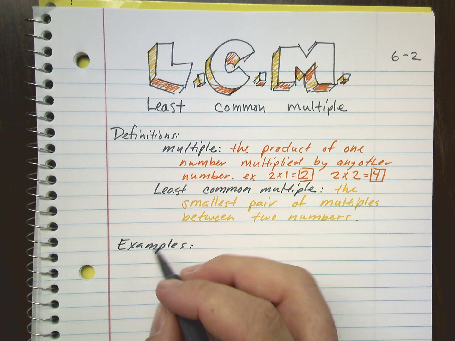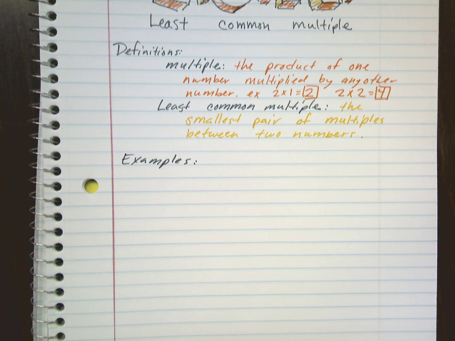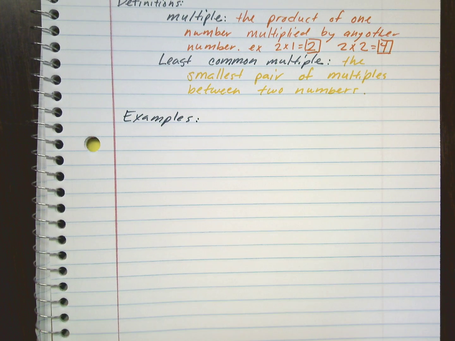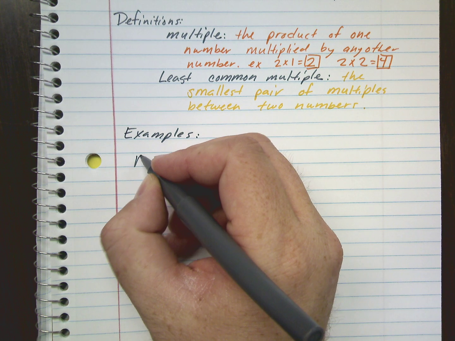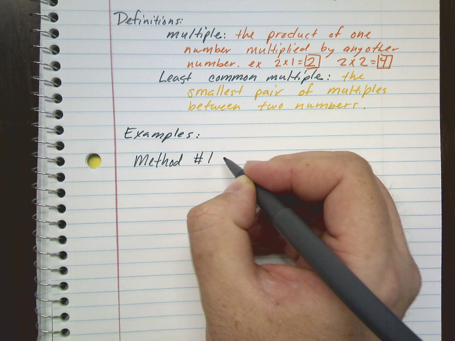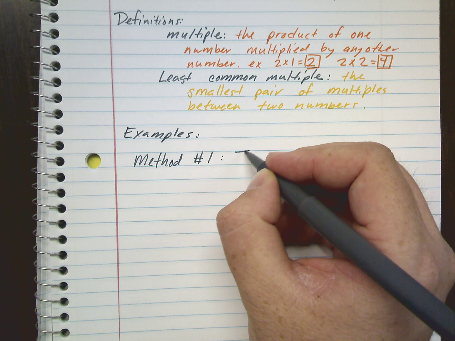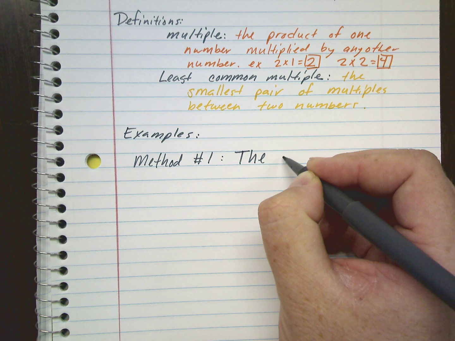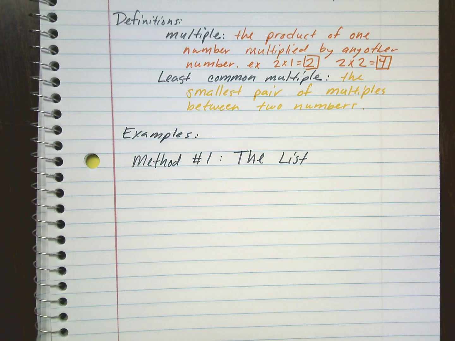In our first example, I'm going to show you 3 methods on how to solve this problem. The first way, I'm going to call method number 1, and method number 1 is the list. So here's how the list works.